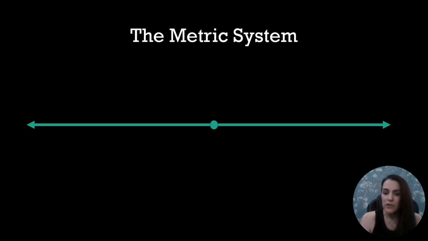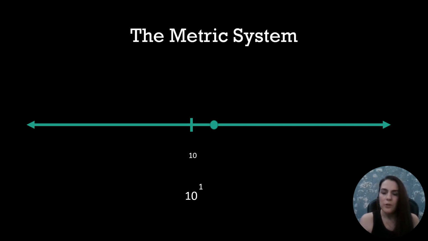We can look at the metric system on a timeline. With the timeline, we can increase in an increment of 10, and we can also write this as 10 to the first power. Think of it as how many zeros are in the original number.